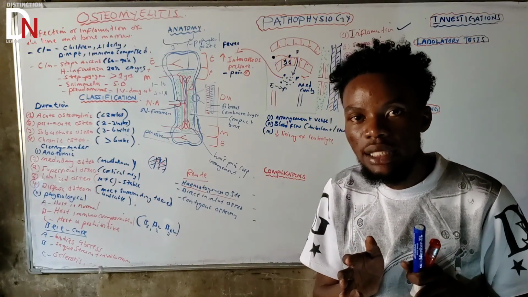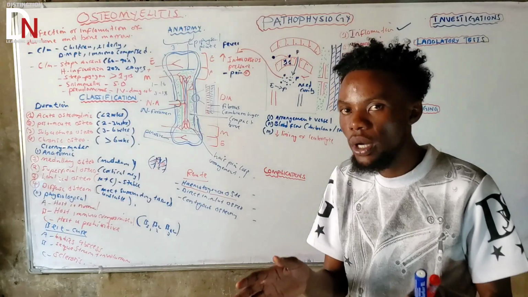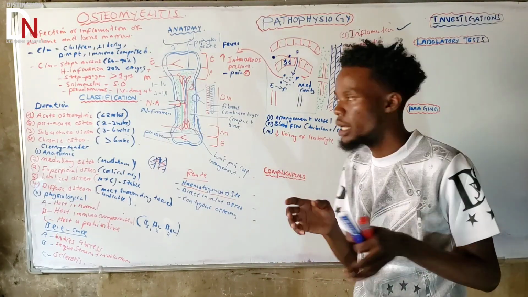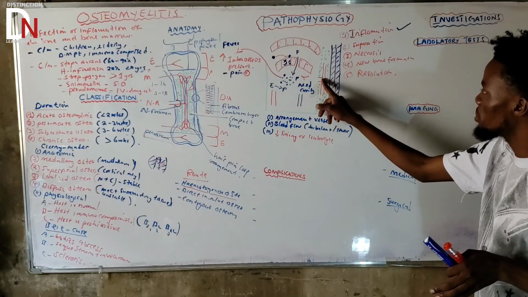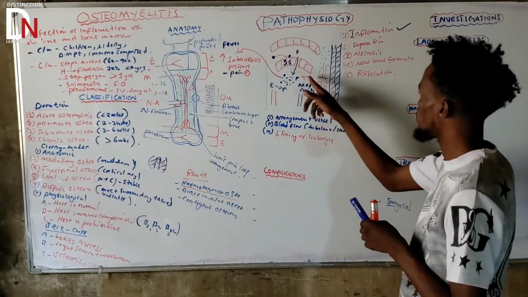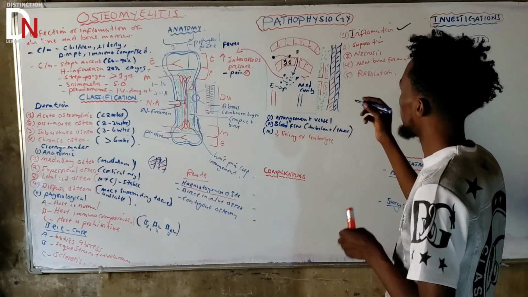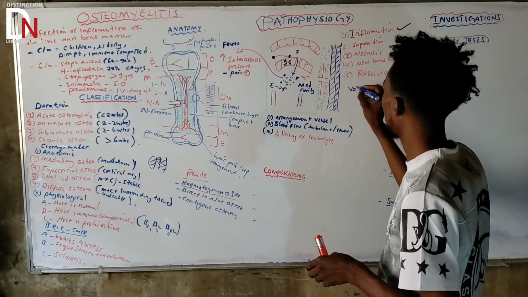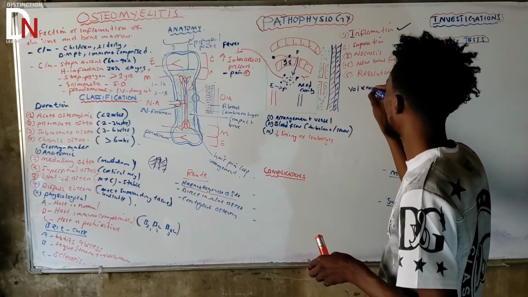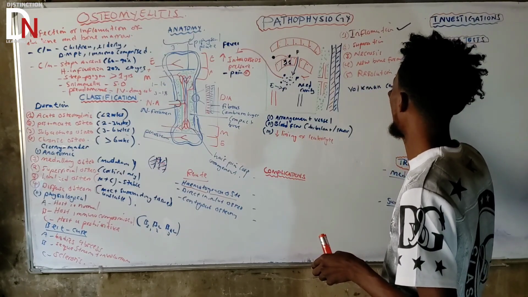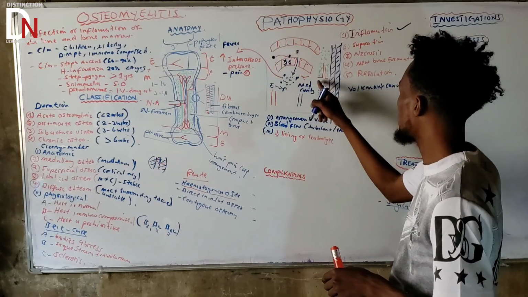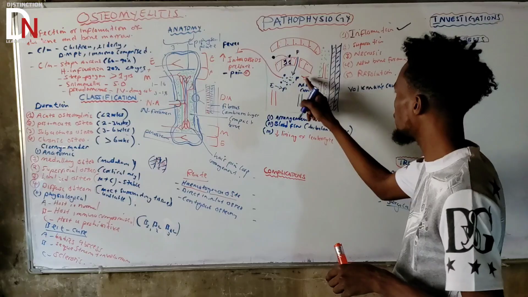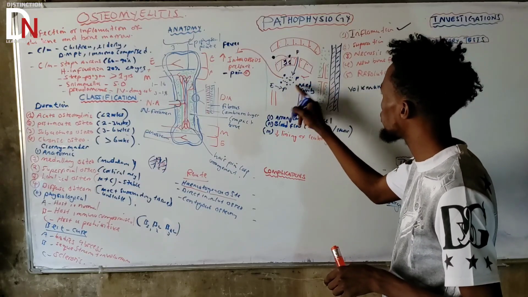Now the fluid will start seeping out into various canals. You've seen this canal; it is what we call Volkmann's canal, the one going like this. Important point: Volkmann's canal.